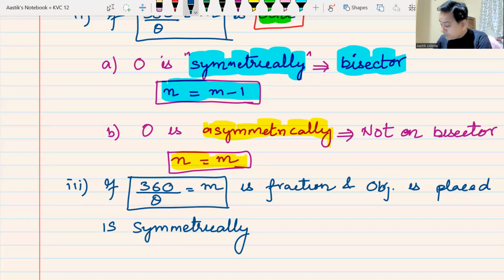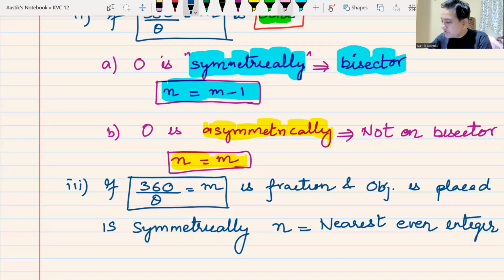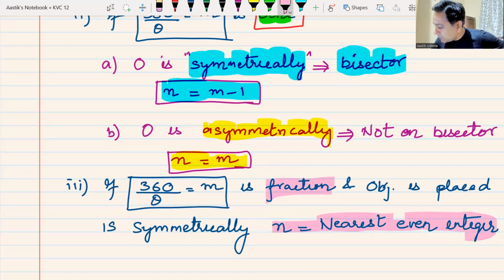Please note that down. The number of images is equal to the nearest even integer. Remember this: nearest even integer, and I will mark it in pink. Different colors I use so that you can get the essence of this.